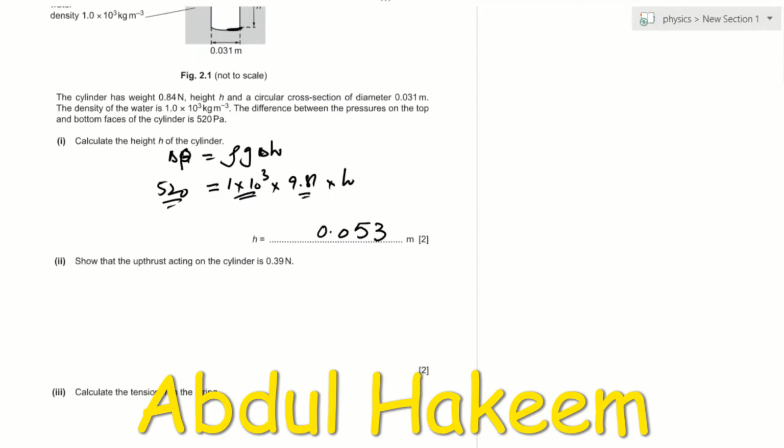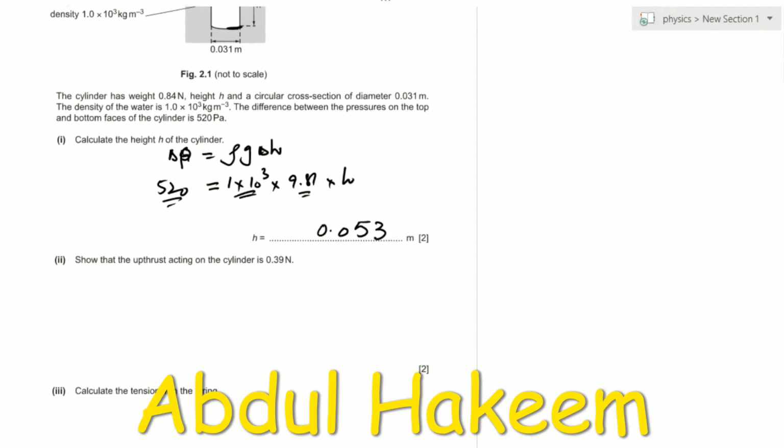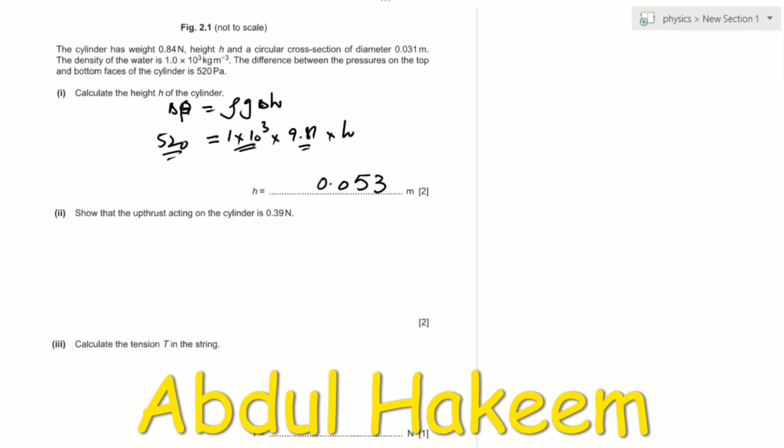Next part: show that the upthrust acting on the cylinder is 0.39 Newton. Upthrust is due to the pressure difference. So we will write here, upthrust U is equal to pressure difference multiplied by area.